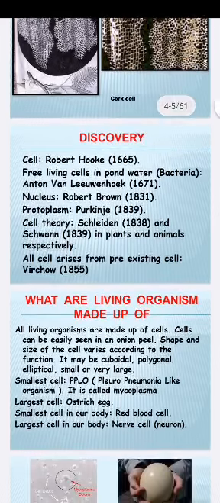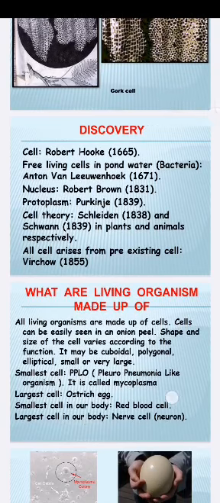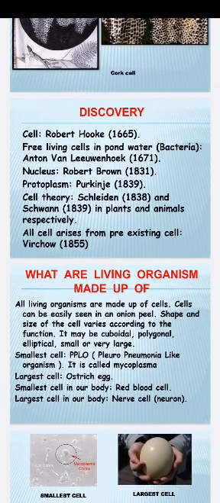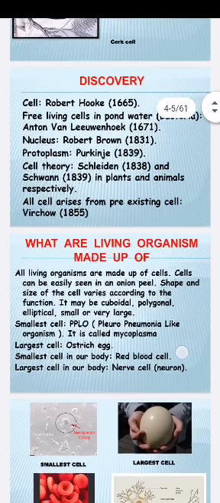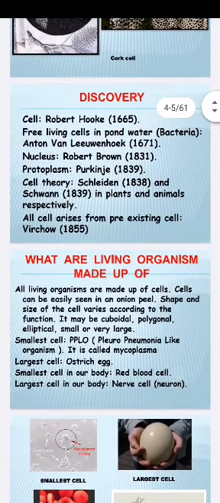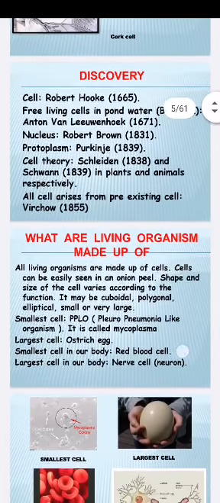Next, protoplasm was discovered by Purkinje in 1839, and then cell theory was given by Schleiden and Schwann in plants and animals respectively, and this theory was finally corrected by Virchow, and the statement was all cells arise from pre-existing cells.